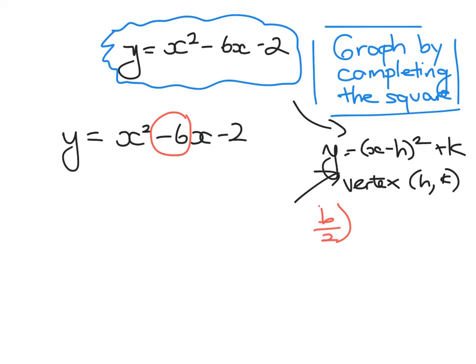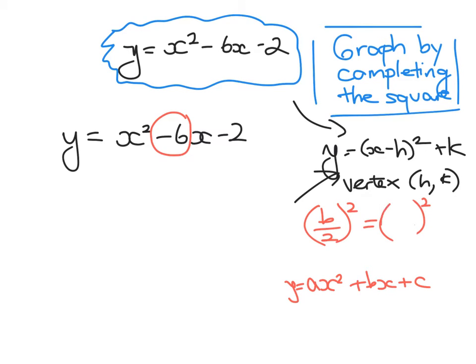We're going to do (b on 2) squared. Don't confuse b with -6. b is referring to the equation ax squared plus bx plus c, where b is the coefficient of the x term. So (b over 2) squared is actually going to be (-6 over 2) squared, because b is -6.